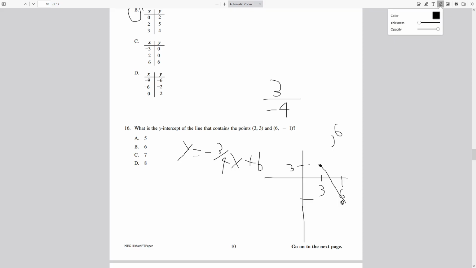Am I a dumbass? I sure am, I think. Negative 3. Negative 3. Wait, what am I thinking? What am I doing? I don't know what I'm doing.